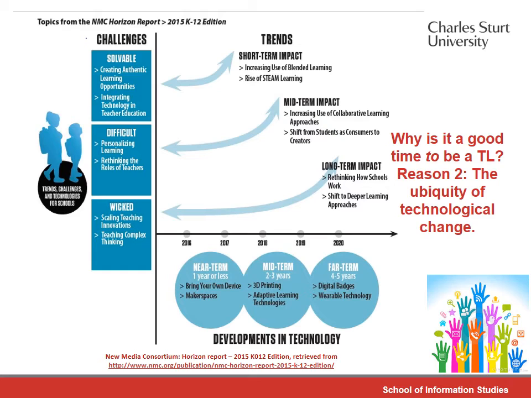And then the long-term impact, rethinking how skills work, and that shift that we must do to embed 21st century learning, 21st century skills, is that shift to a deeper learning approach, where the teacher is no longer the sage on the stage, but the guide on the side, sitting alongside the teacher librarian. And down the bottom here, it looks at the actual technological changes.